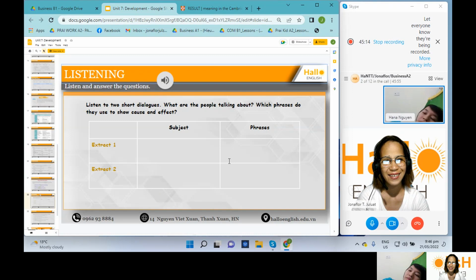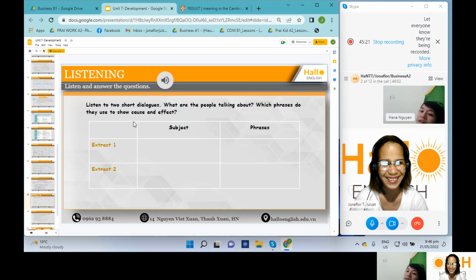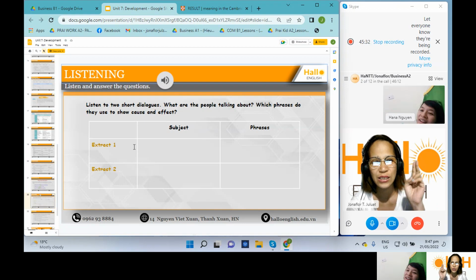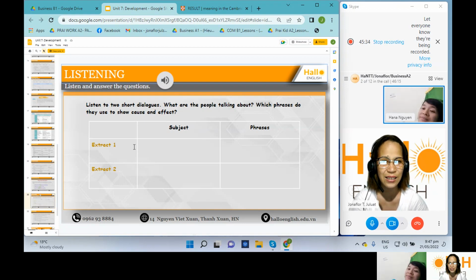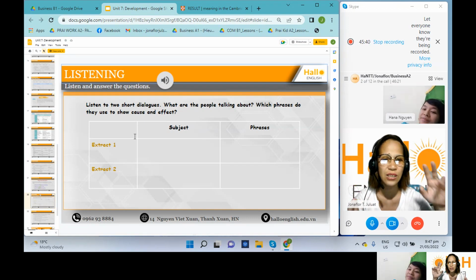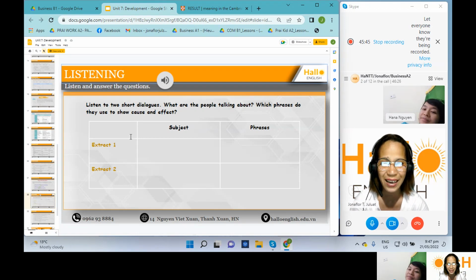The man said "caused by." Okay. So that is an example of cause and effect. You have to consider what phrase you will use, so that you can identify which is the cause and which is the effect of the statement, right?